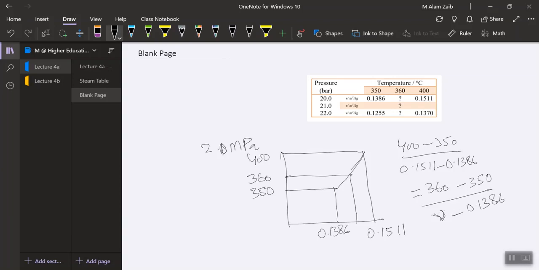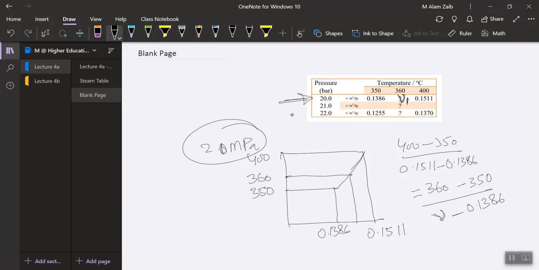Solving this, I can find at 2.0 megapascal the volume at 360, and let me call it V1. Is it okay now? I hope.